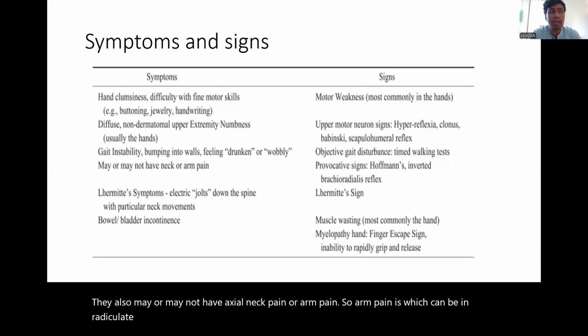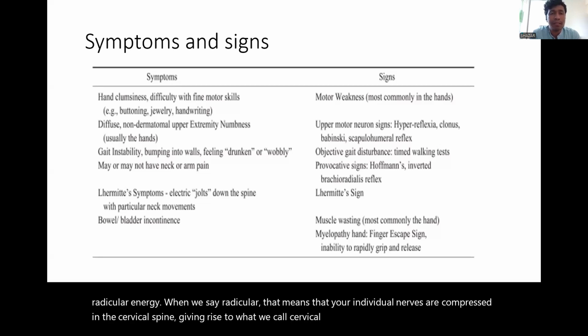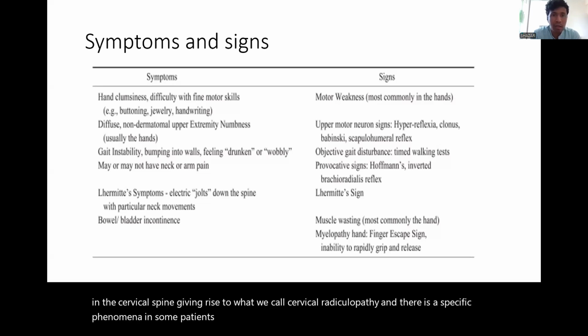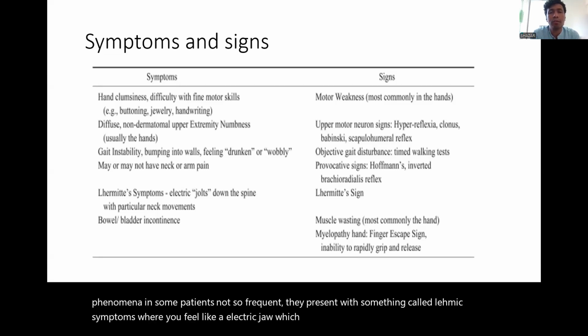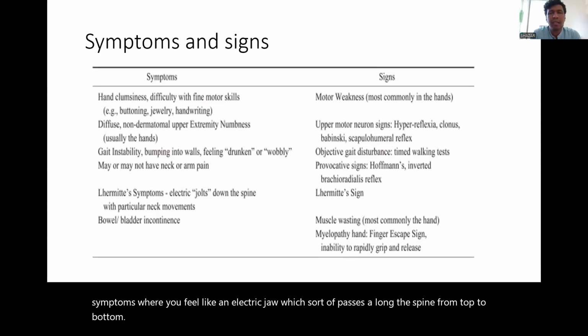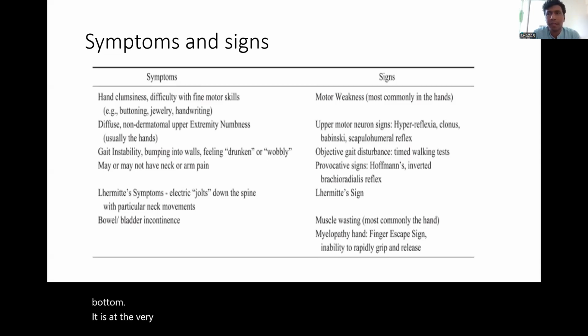When we say radicular, that means individual nerves are compressed in the cervical spine, giving rise to what we call cervical radiculopathy. And there's this specific phenomenon in some patients, not so frequent. They present with something called Hameed symptoms, where you feel like an electric jolt which passes along the spine from top to bottom. It is at the very terminal stage that these patients would present with sphincter incontinence, bowel or bladder incontinence.